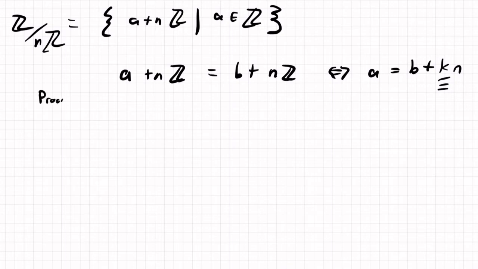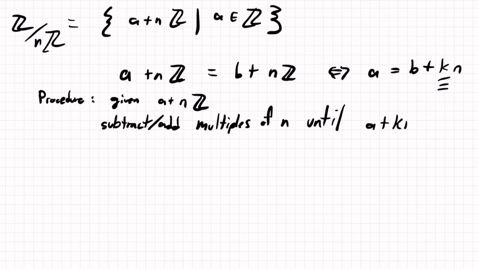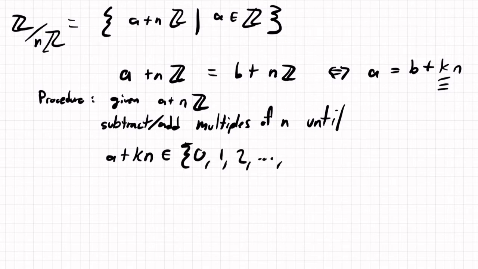So the procedure is, given A plus nZ, we can subtract or add multiples of n until A plus kn is in the set 0, 1, 2, up to n minus 1.